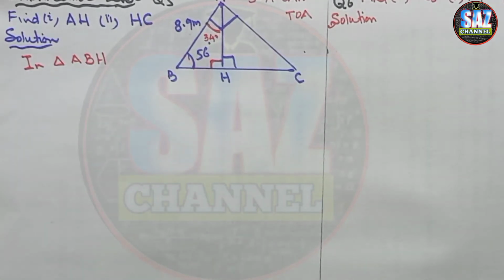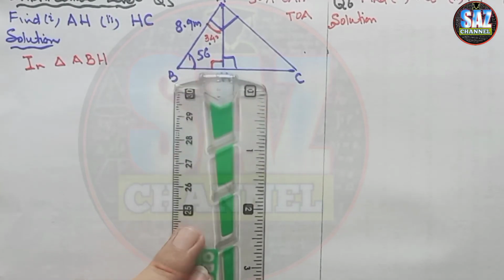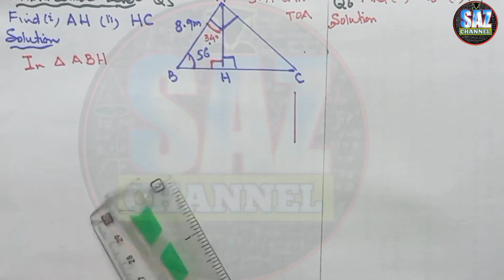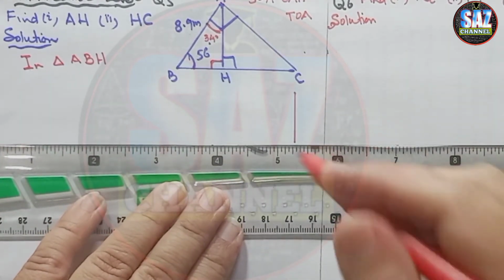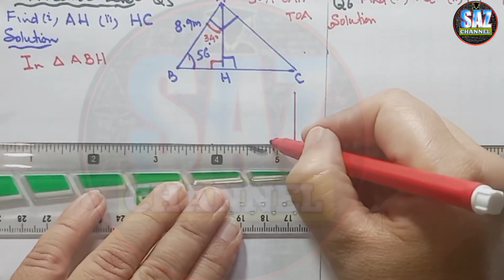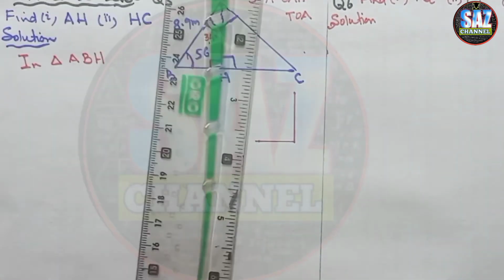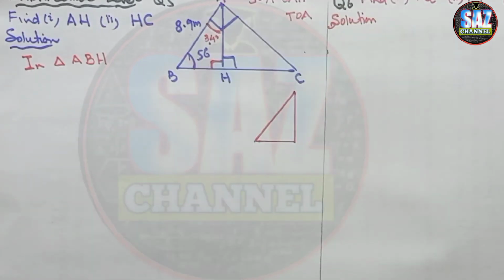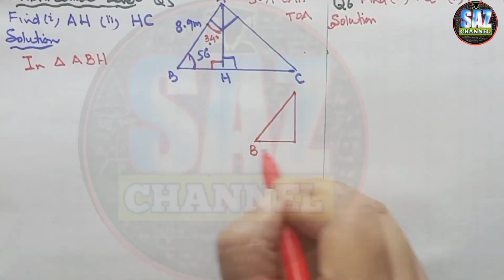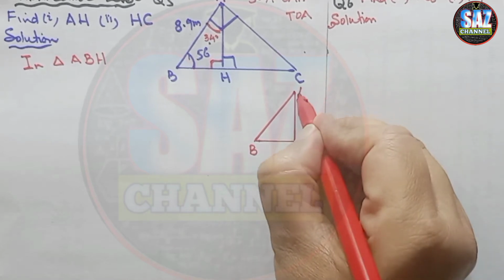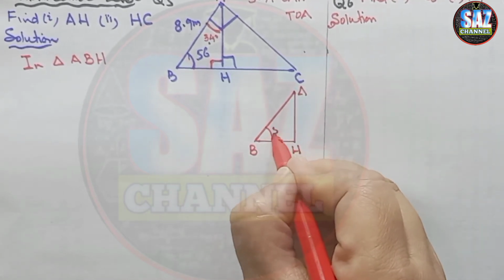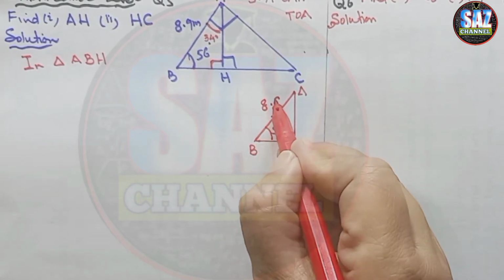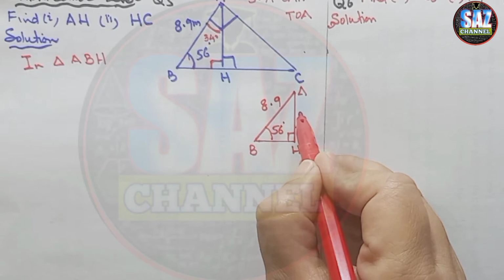So let me make a small reference diagram here. I always ask my students to make reference diagrams in your working and support your working with statements and diagrams, so that the examiner can understand your working easily. Okay, and now this is B, this is H, and this is A, and this is 56 degrees, and this is 90 degrees, and this is 8.9, and AH is the requirement of the question.